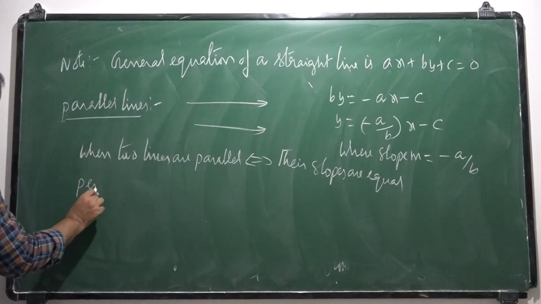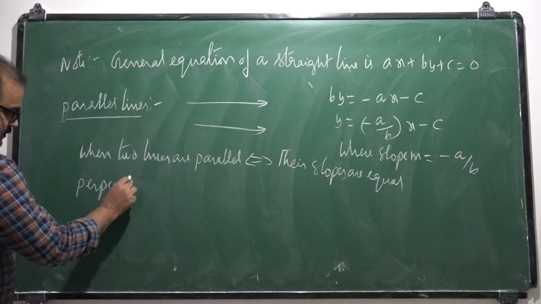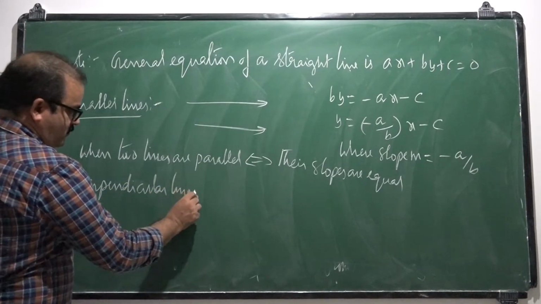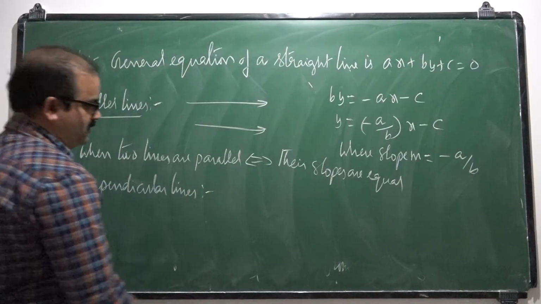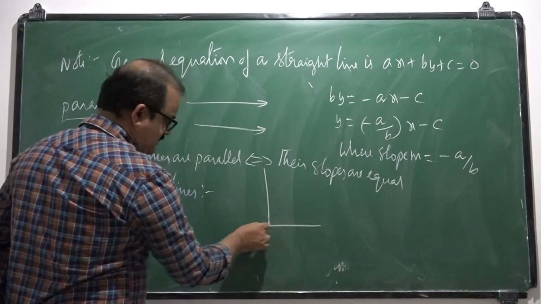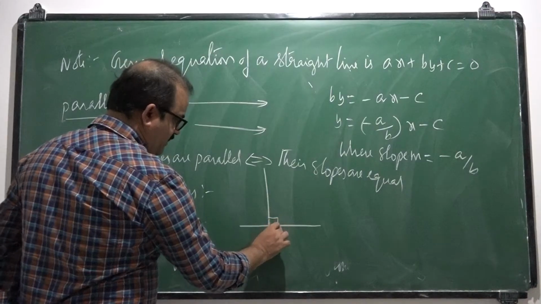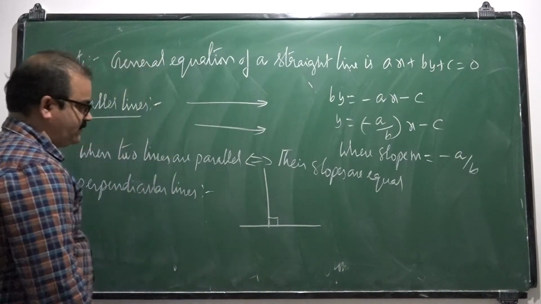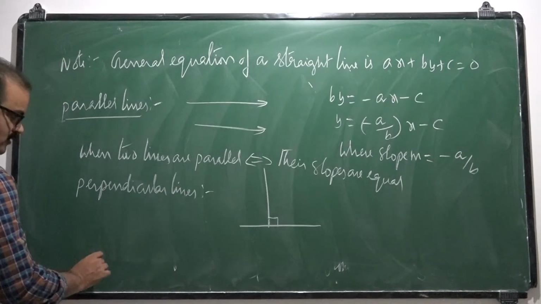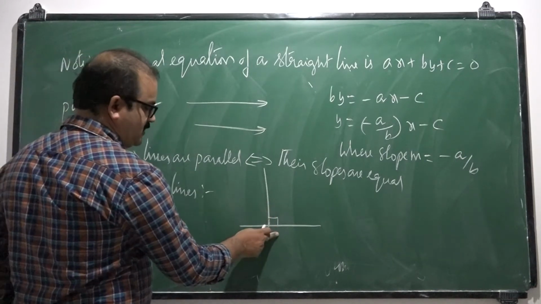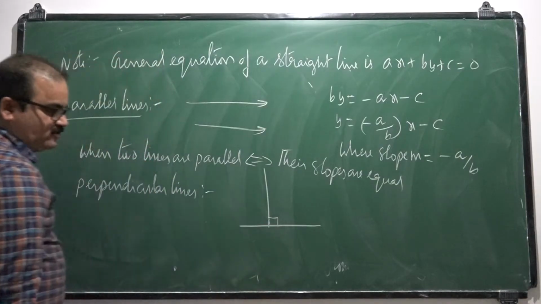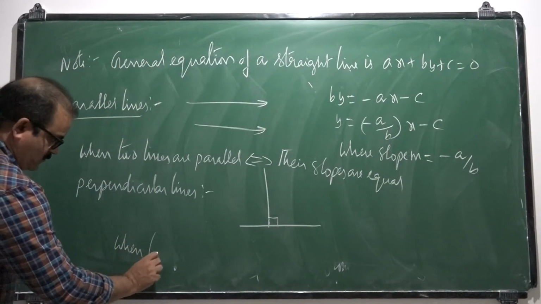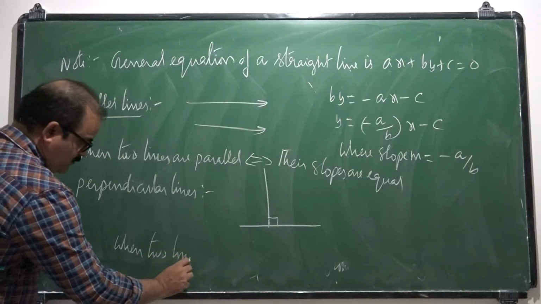Next, perpendicular lines. Two lines are said to be perpendicular if the angle between the two lines is 90 degrees. When two lines are perpendicular, then the product of their slopes is minus 1.